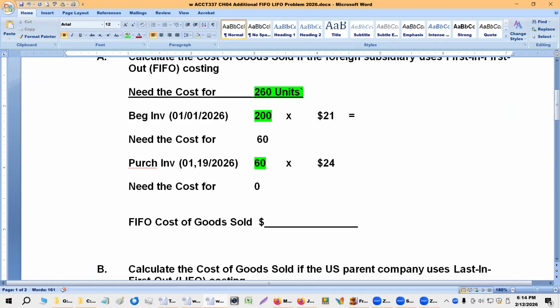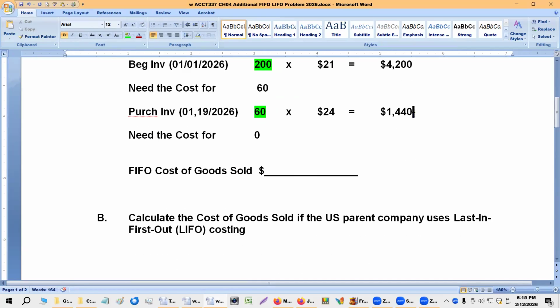200 times 21 is 4,200. I better use Mr. Calculator. Okay, 4,200. And 60 times 24 is, no, $1,440, I'm sorry.